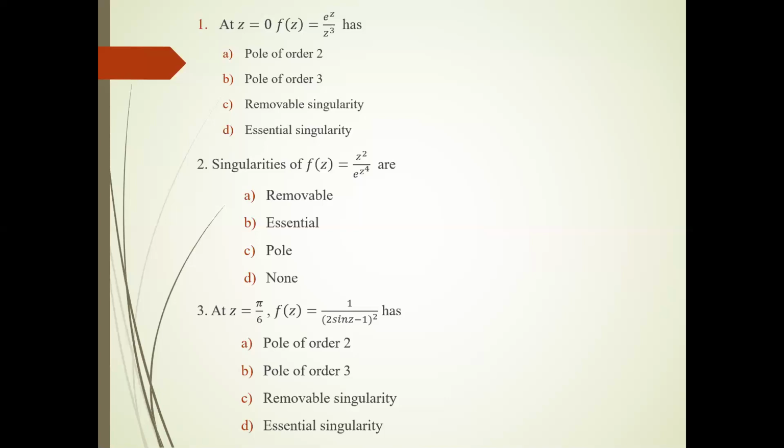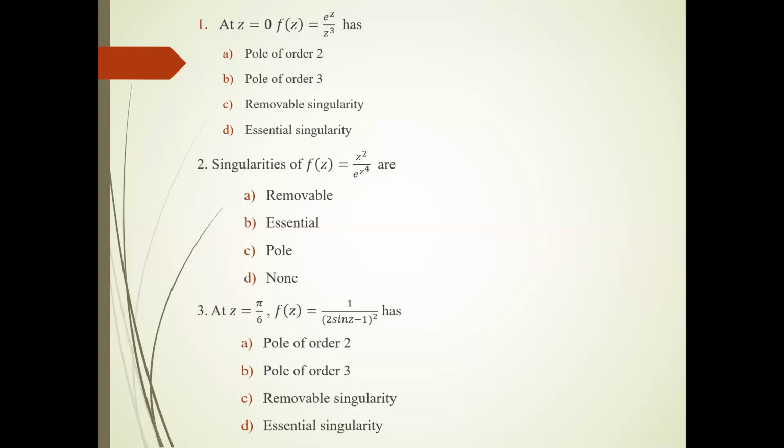We get limit z tends to pi by 6 of 1 upon (2 sin z minus 1) into (minus sin z plus cos z) into 2 cos z. If we apply the limit, we get 2 by 3. That limit exists, so we can say this function has a pole of order 2 at z equal to pi by 6.